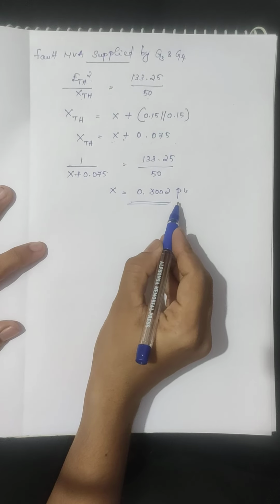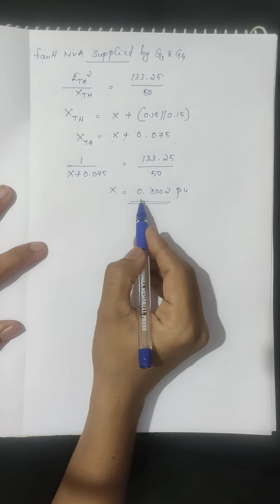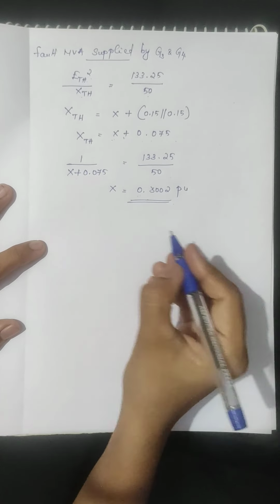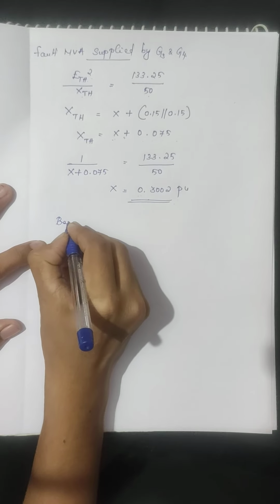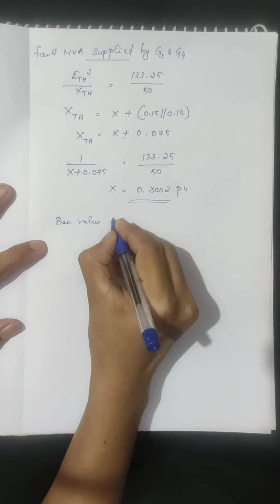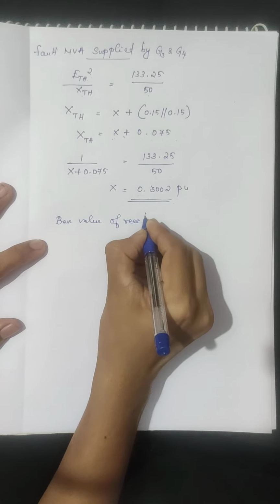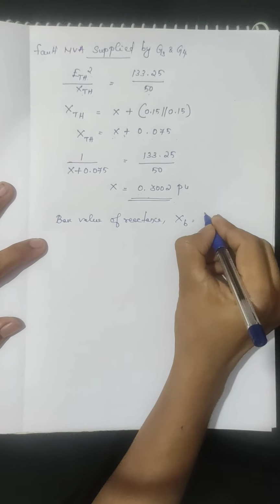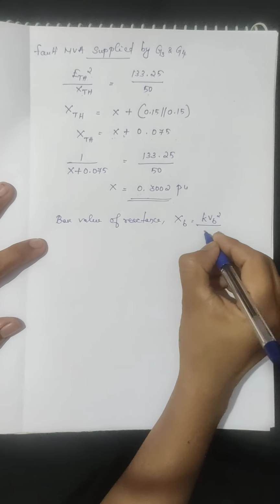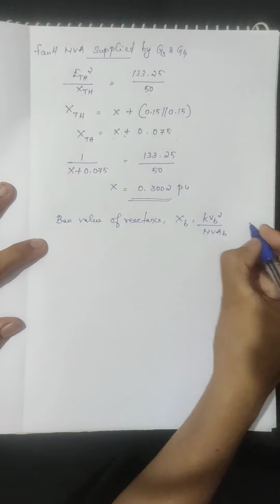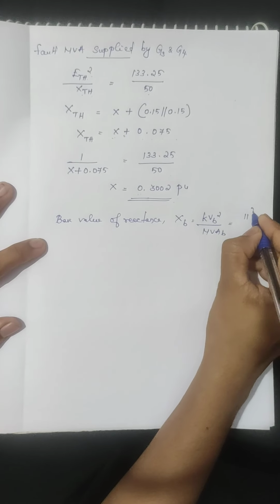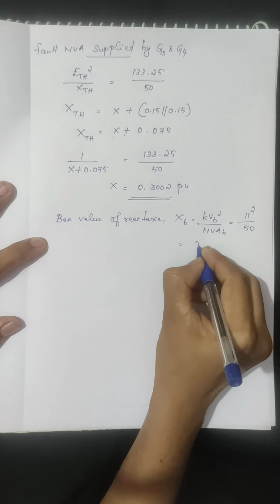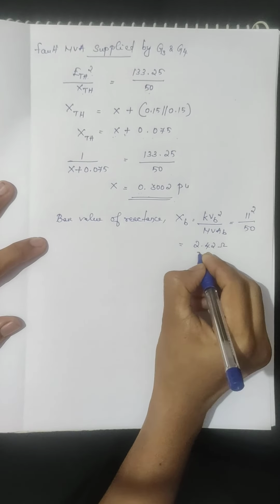So let us calculate the actual value, and we know that the actual value will be equal to the per unit value into the base value. So let us calculate the base value of reactance. X base is equal to kV base square divided by MVA base. Here kV base is 11 kV, so 11 square divided by 50, and it will be equal to 2.42 ohm.